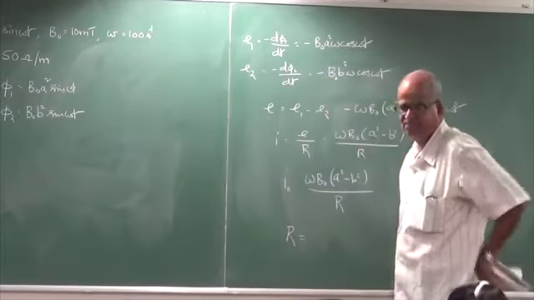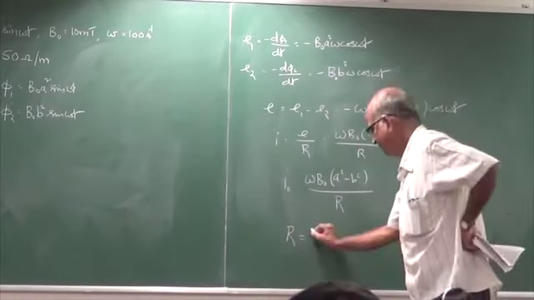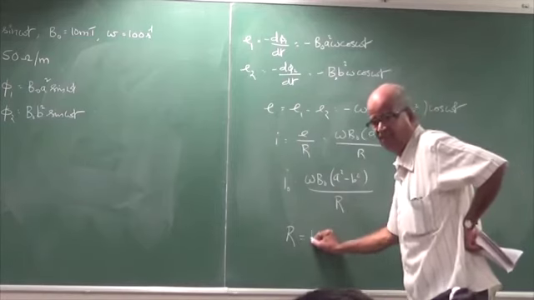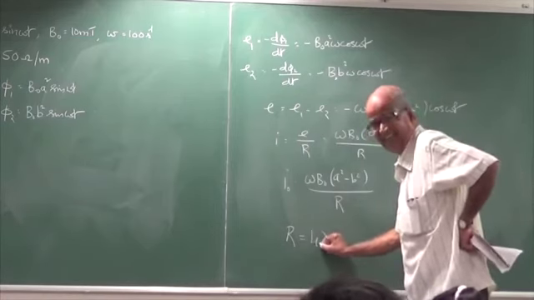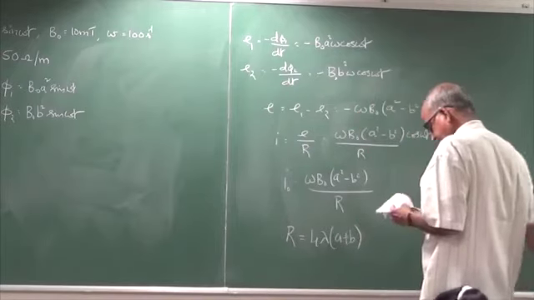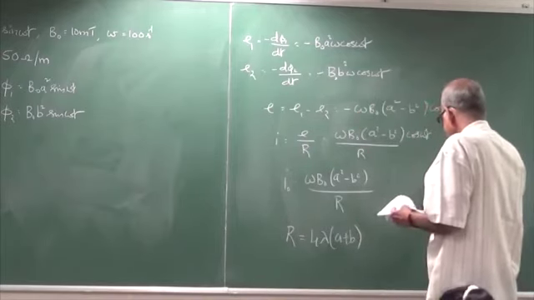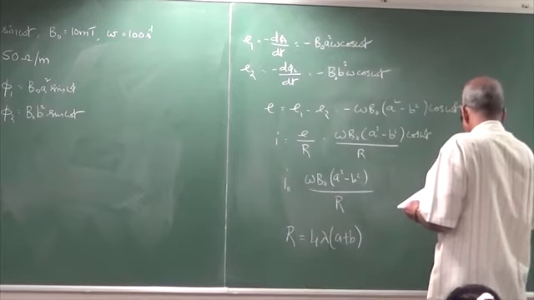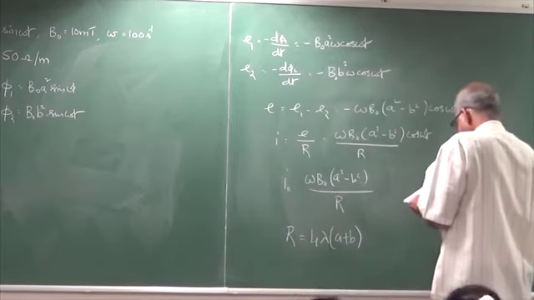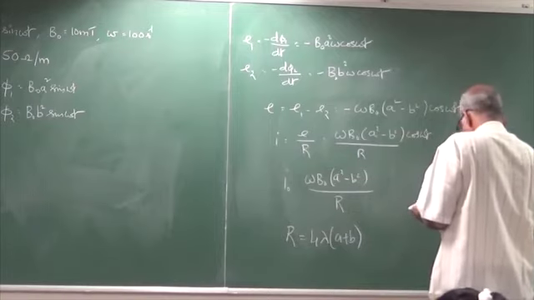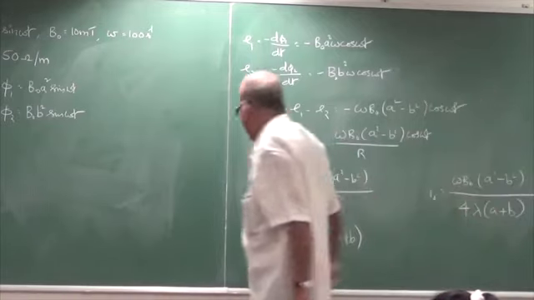Tell me. In terms of lambda and A and B, it is 4 lambda into (A plus B). Therefore, you can put I naught equal to omega B naught (A squared minus B squared) by 4 lambda (A plus B). Substitute the value and get me what is I naught.